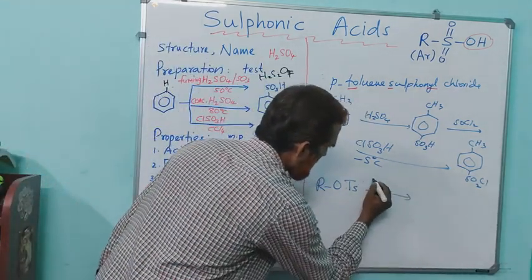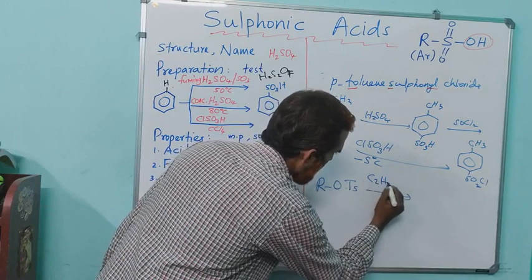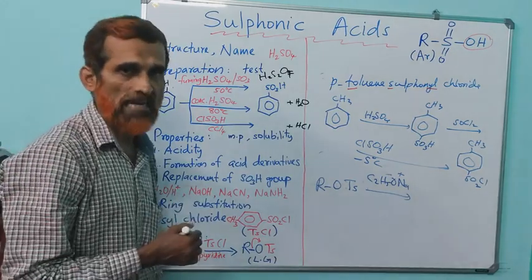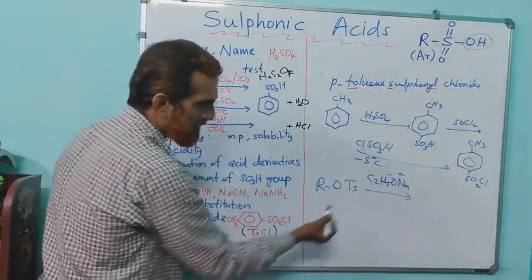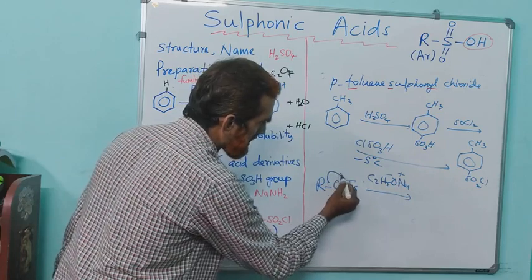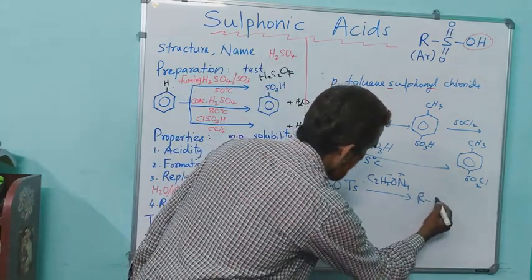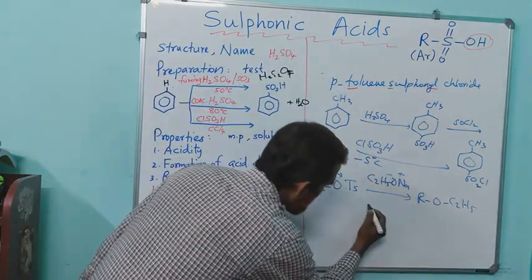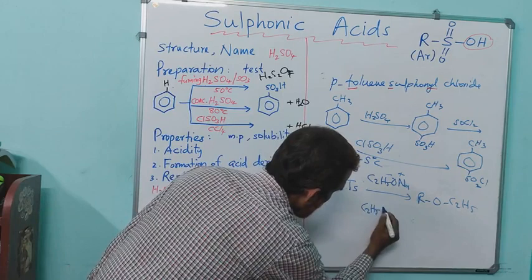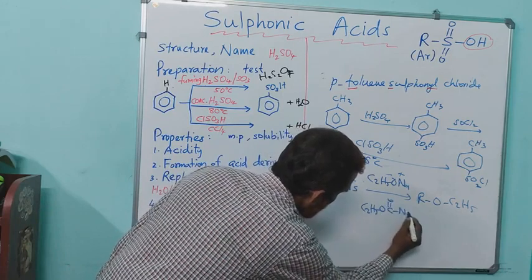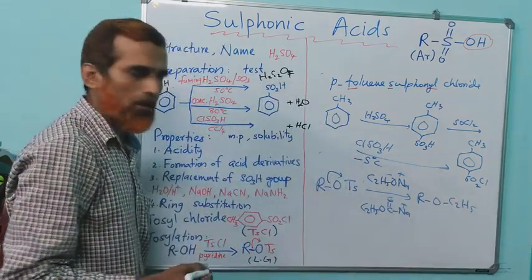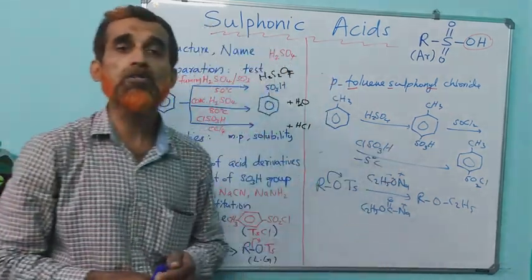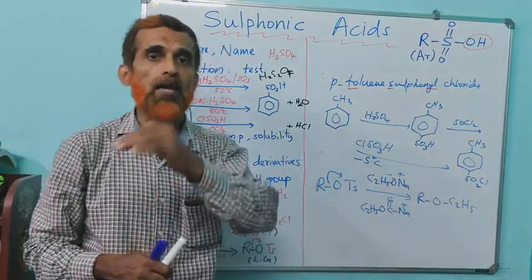If you are treating with, for example, C2H5ONa, I am talking about the kind of substitution reaction which tosylate undergoes. So this nucleophile can easily replace this, and you get ROC2H5, means you can prepare ether. If you use, for example, C2H5COONa like this nucleophile, you will be getting ester like that. You can prepare various compounds from alcohol via tosylate.